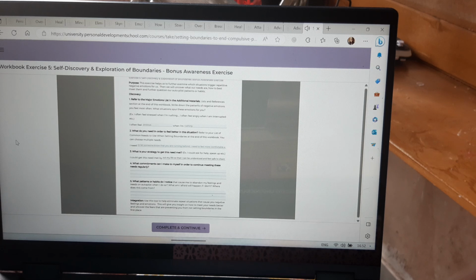And then you're just asking yourself, so this is really the breakdown of being able to cement in this process: what commitments can I make to myself in order to continue meeting these needs regularly? I can make the commitment to see my needs through. I can make the commitment to share often and more vulnerably with others about what's happening in my life.